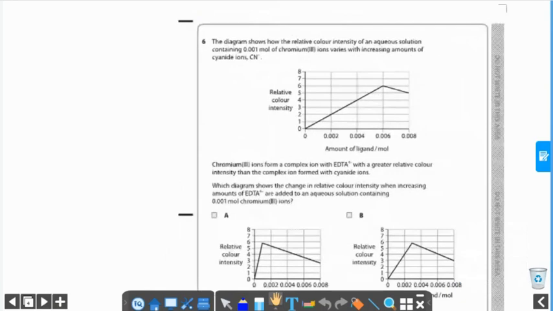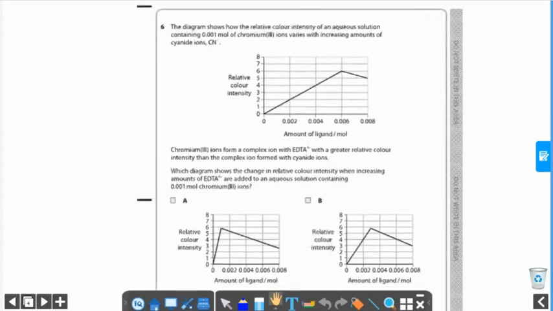The diagram shows how the relative color intensity of an aqueous solution containing 0.001 moles of chromium-3 ions varies with increasing amounts of cyanide ions. So this is the relative color intensity. The maximum goes up to the amount of ligand. If it's 6, the intensity of the color is maximum.